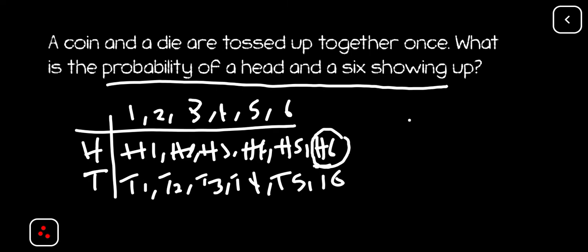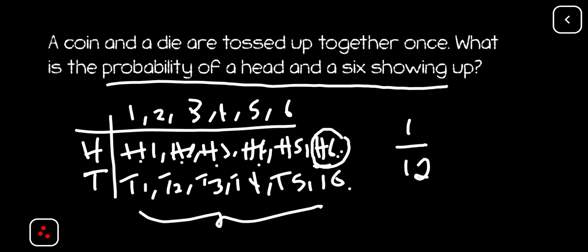So it appears one out of all the possibilities, all the things that could have happened when you try this event, which is out of 12 possibilities, because this is 6 here: 1, 2, 3, 4, 5, 6, then times 2, 12. So everything in this sample space is 12. So just 1 out of 12. That is the probability of getting a head and a 6. This is it here.